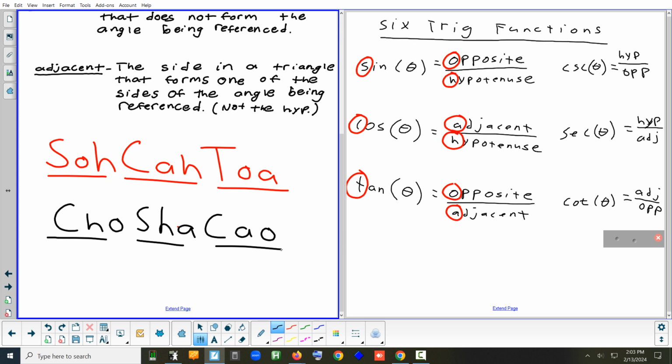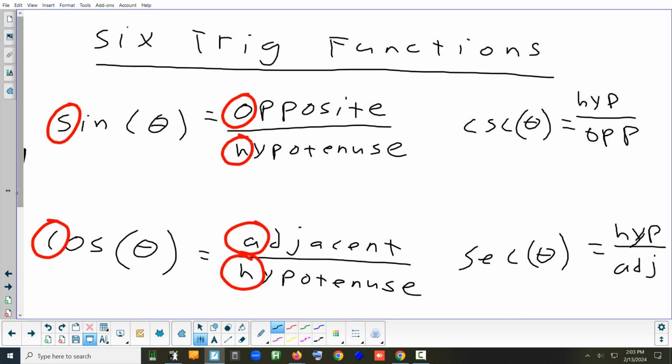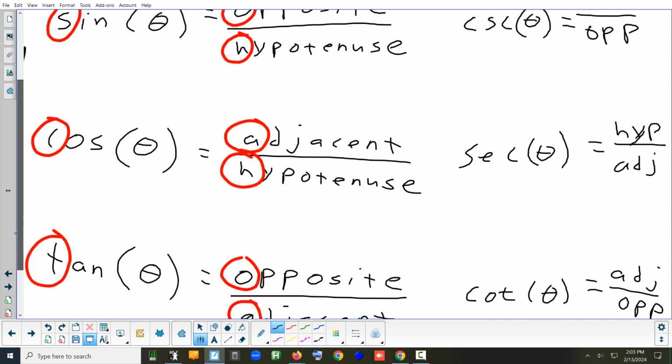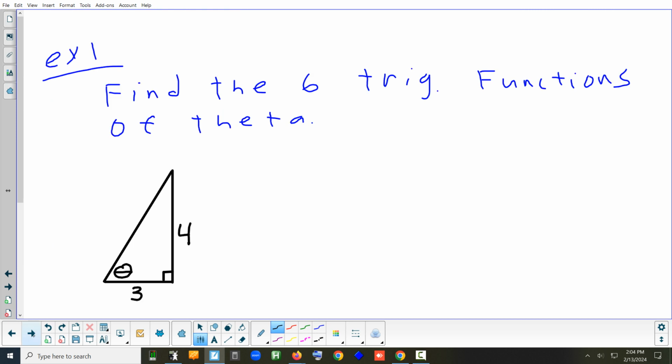All right. So there's our six trig functions, all in terms of one side of the triangle divided by another side. Any question on those definitions? All right, well, let's try something. I want to find the six trig functions of theta. Let me be clear: I am not looking for theta. We're going to do that tomorrow.